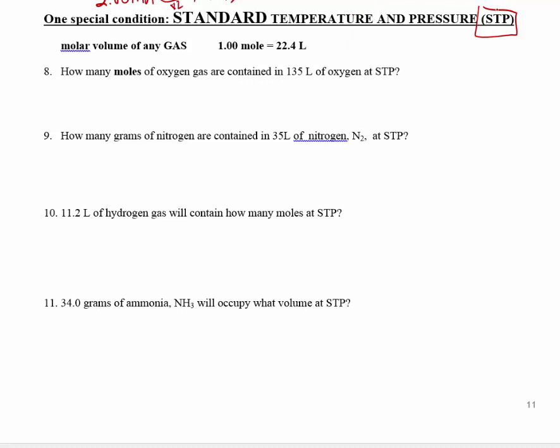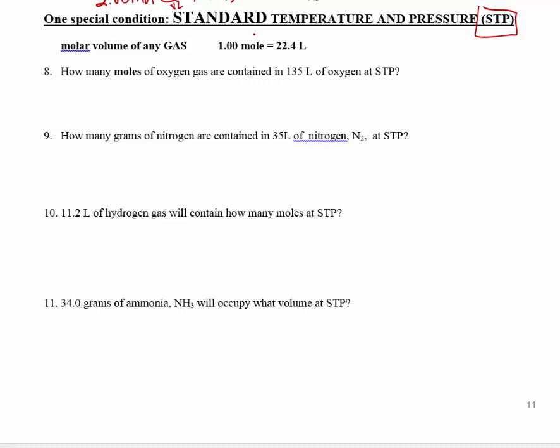They started measuring a bunch of different gases, and they found out that when all gases were at the same STP conditions, 1 mole of gas always contained the same volume, and that volume is 22.4.